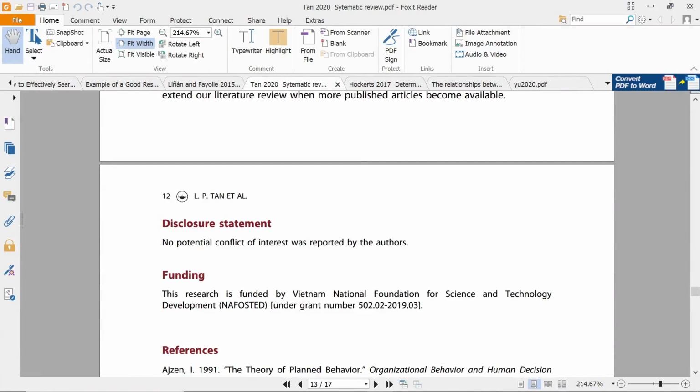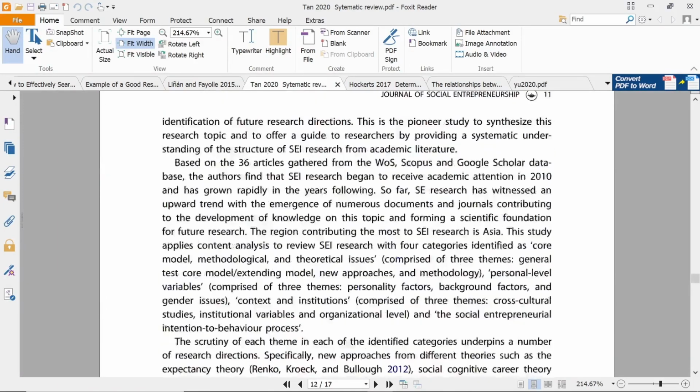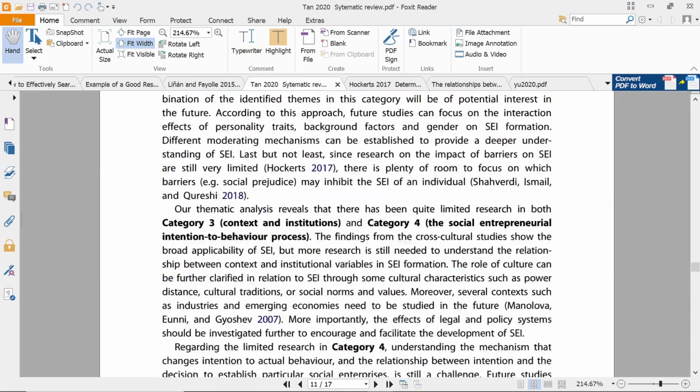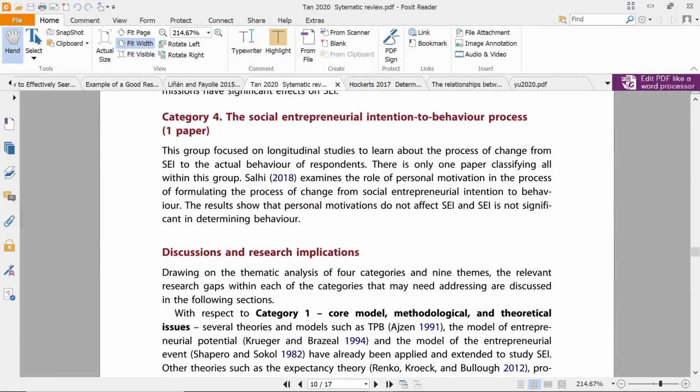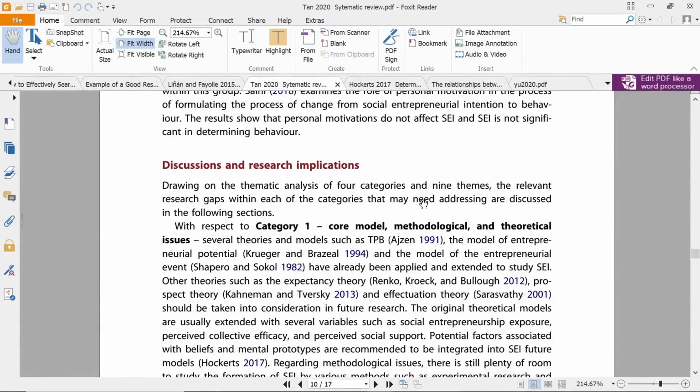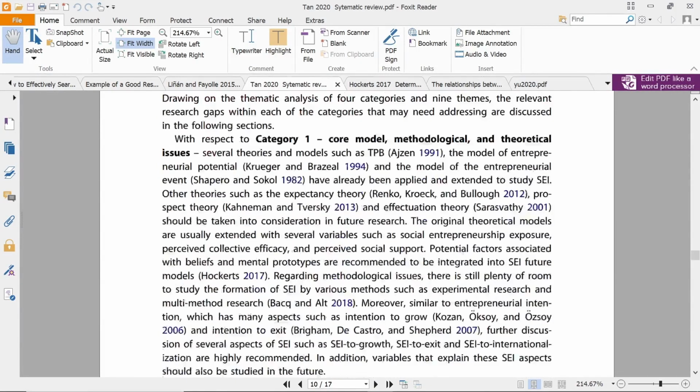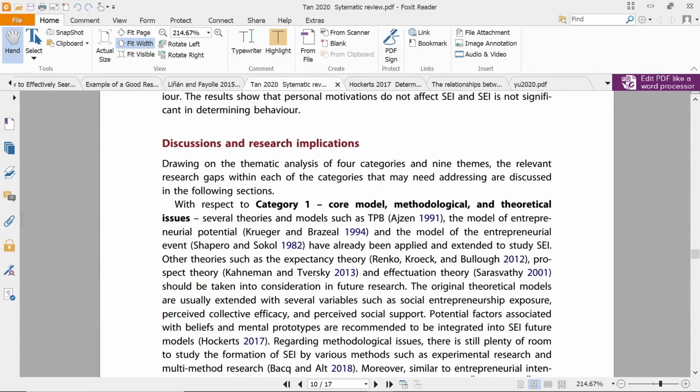This research is funded by Vietnam, so it's done in Vietnam. So I think, discussions and implications. Yeah, sorry, this was too fast. So I think this part talks about the recommendations. So category 1, core model, methodology, theoretical issues.